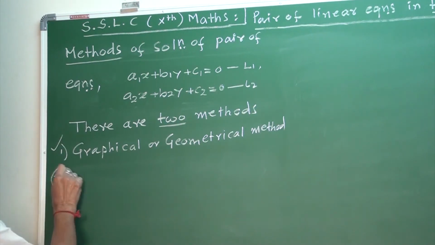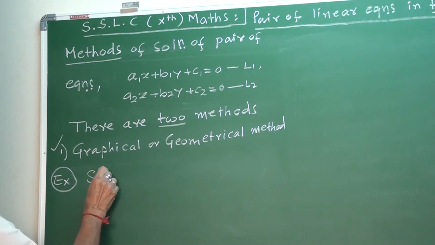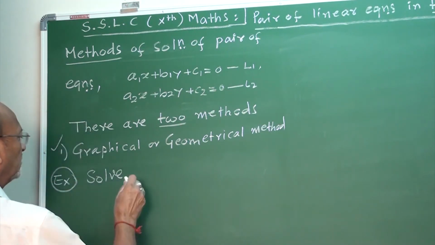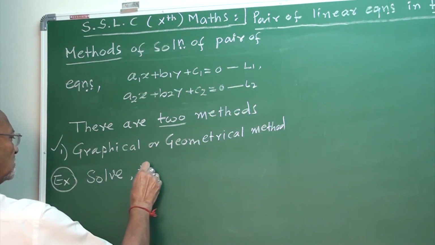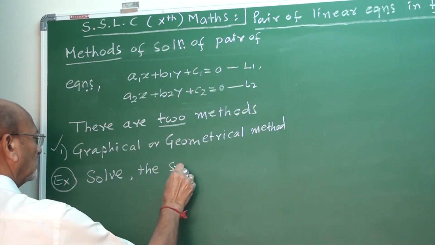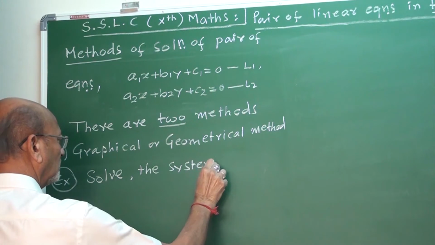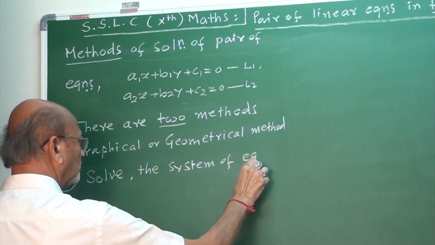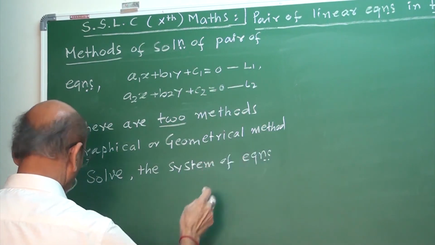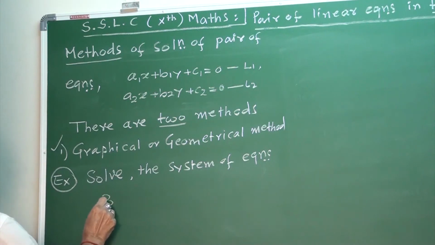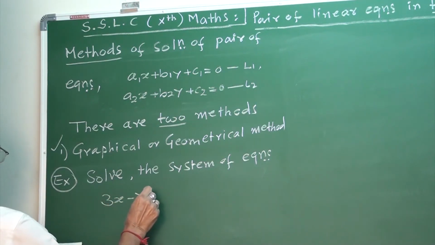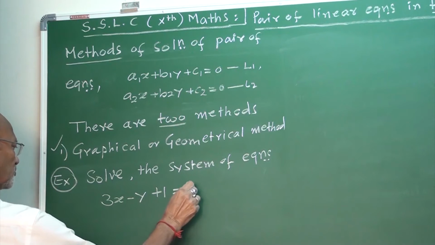Solve the system of equations graphically or geometrically. The first equation is 3x minus y plus 1 equal to 0.